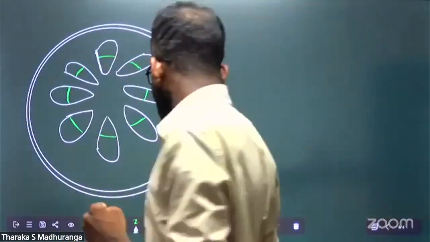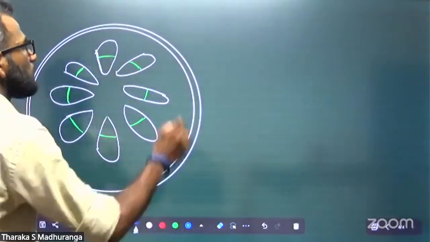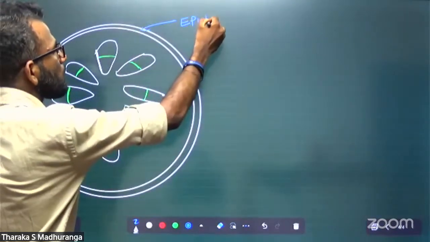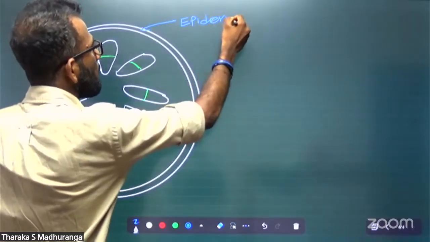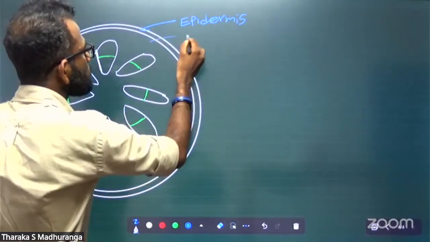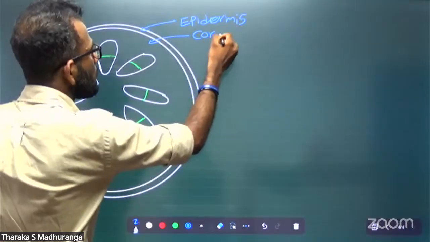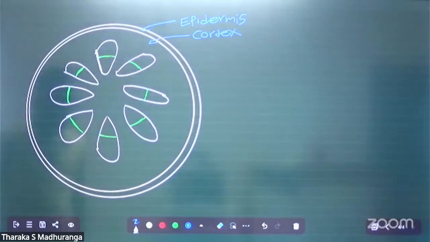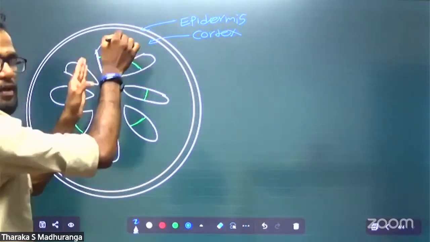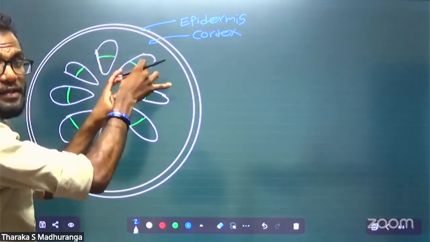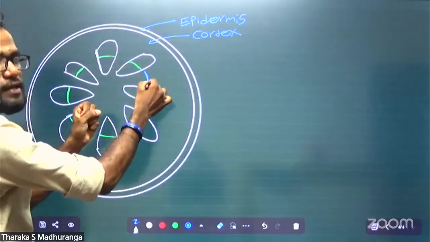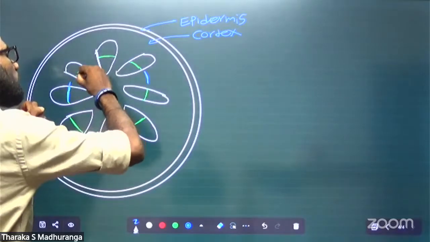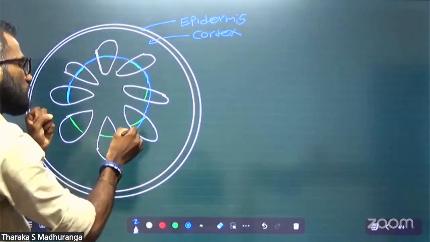Okay, the other names are the same. I think you can remember epidermis, cortex, then the intracambium and intercambium. Inter means between. The intercambium connects together and produces a ring structure.